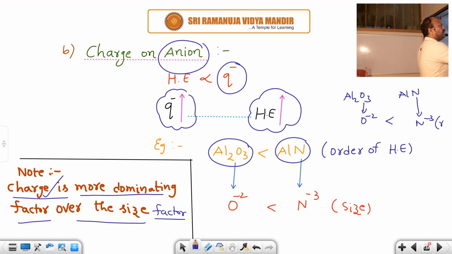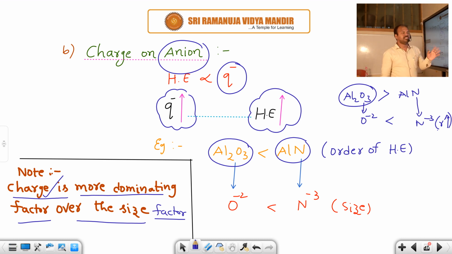When the radius of the anion increases, hydration energy decreases, as we expected, because hydration energy is inversely proportional to radius. So nitride has a large size and high radius, that's why its hydration energy is less. Al2O3 has high hydration energy due to the small radius of the oxide ion.